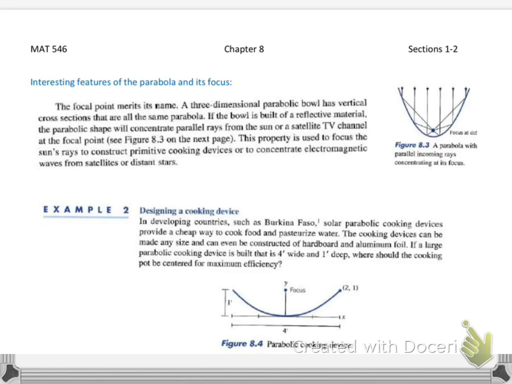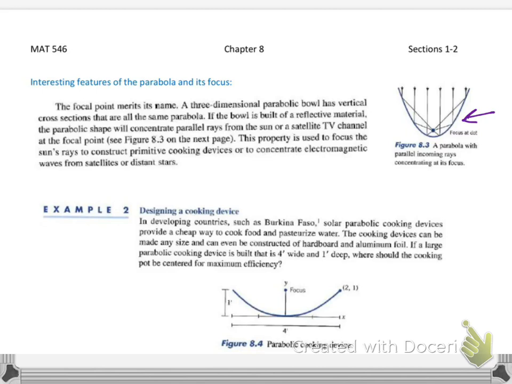If the bowl is built of a reflective material, the parabolic shape will concentrate parallel rays from the sun or a satellite TV channel at a focal point. Here is a diagram that shows the focal point with sound coming in or going out for that matter.